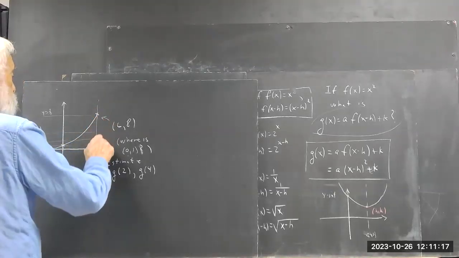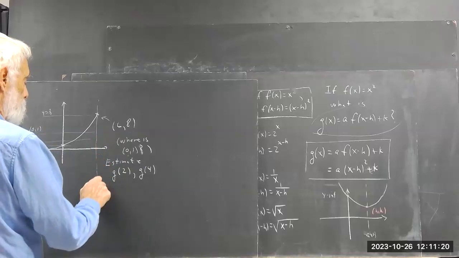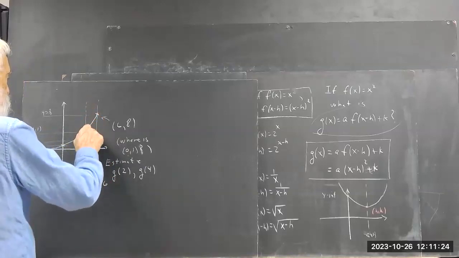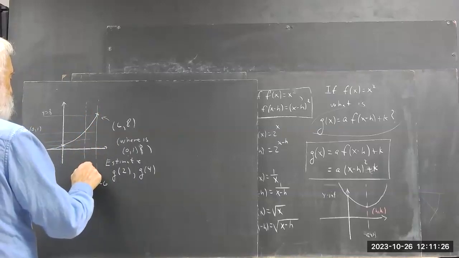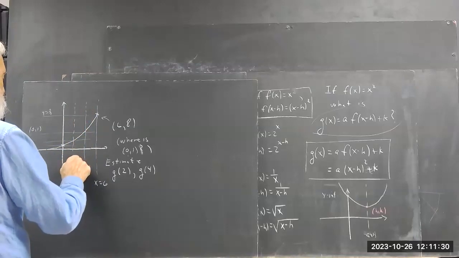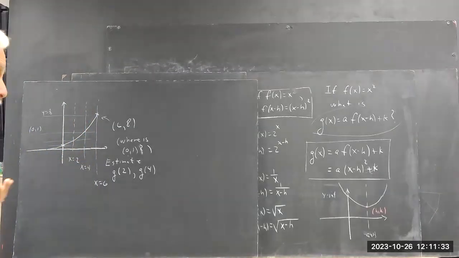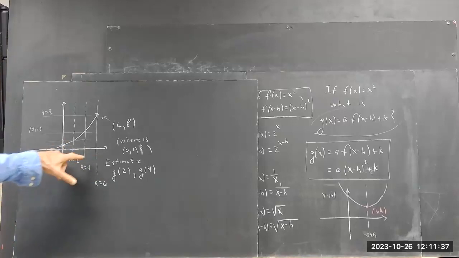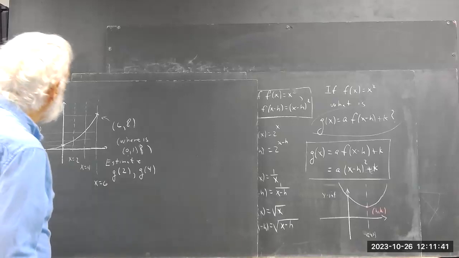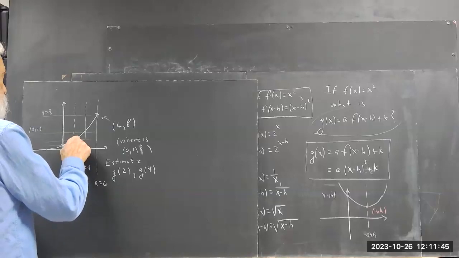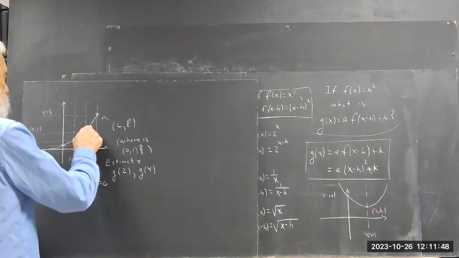So I'm going to draw this line. I don't need it to estimate, but this would be my x equals 6 line. And everybody's got an x equals 4 line and an x equals 2 line. It looks like you did at least as good a job as I did at splitting this interval into 3. So it's quite good. The x equals 2 point is here, and the x equals 4 point is here.